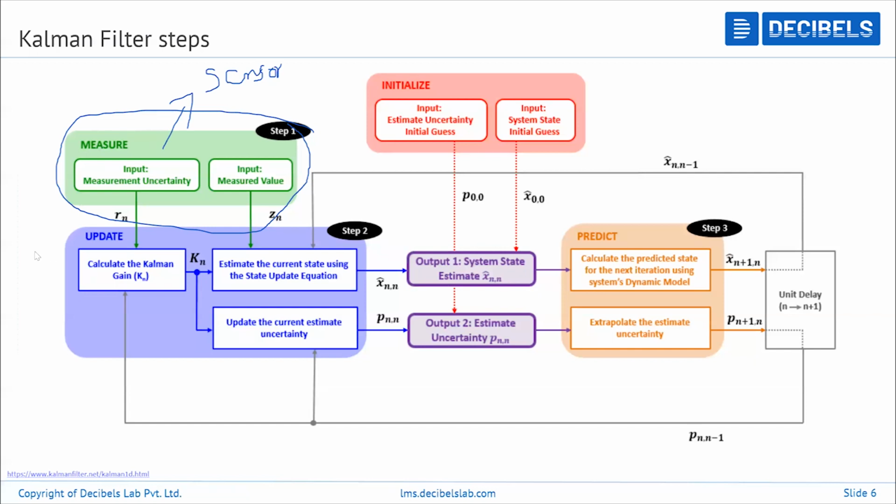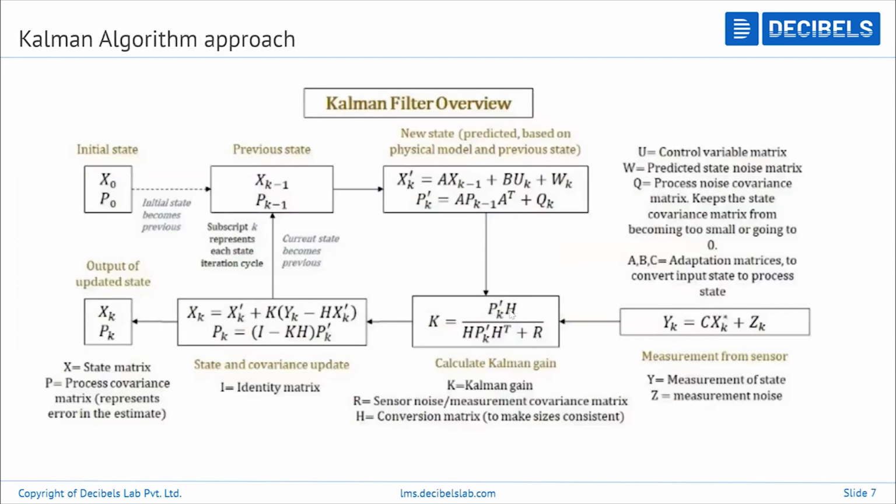With this, I will try to look into each step and what equations are involved. The set of equations I'm showing here under the blue line are to predict the system, where you are going to initialize your state equations.